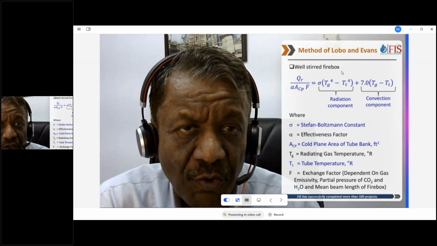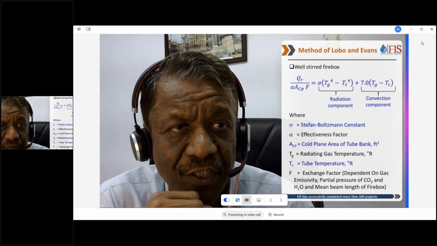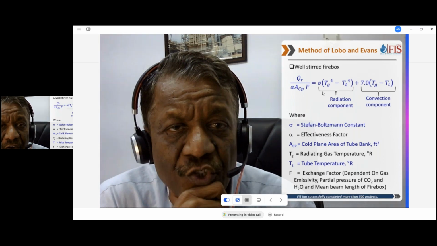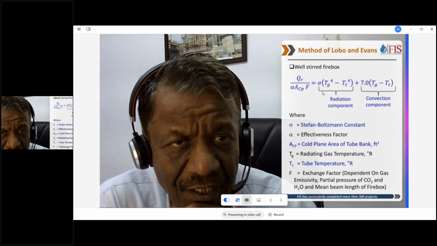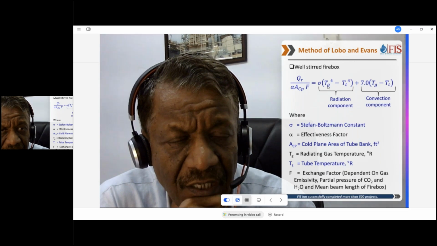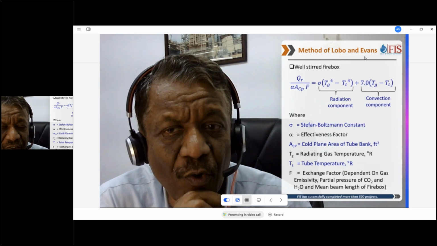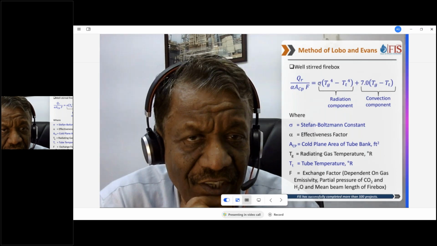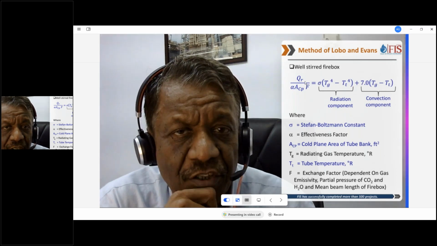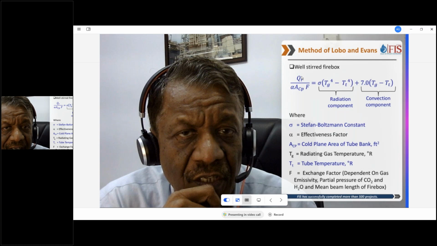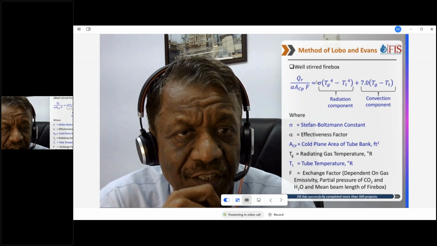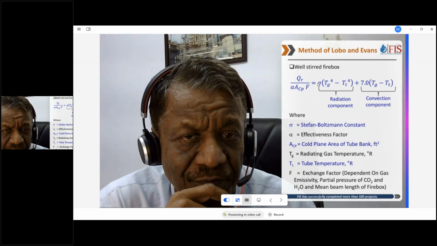So this is the Lobo-Evans method, which has been described by Lobo and Evans in their publications. It says radiant heat transfer is a function of several parameters.